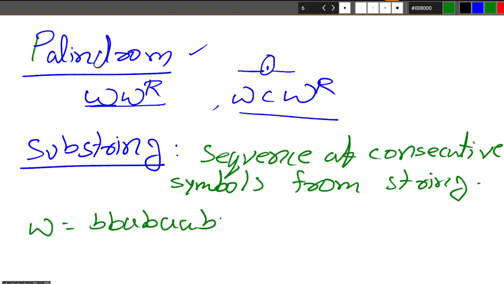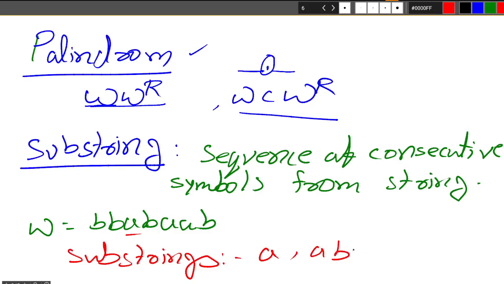So you can have some substrings. What are the possibilities of substrings? A can be a substring. Yeah, it is there. A, B, can it be a substring? No, ABB cannot be a substring. Why? Because consecutively ABB is not present here.